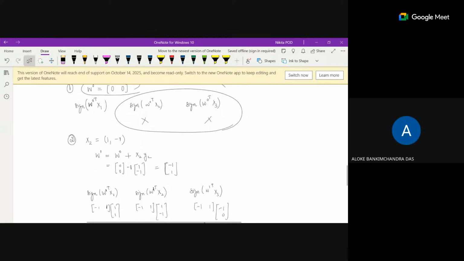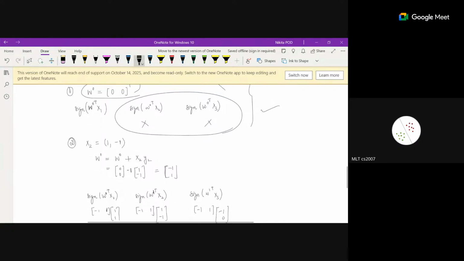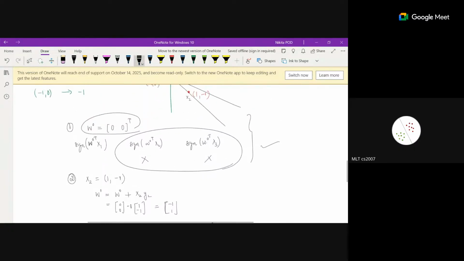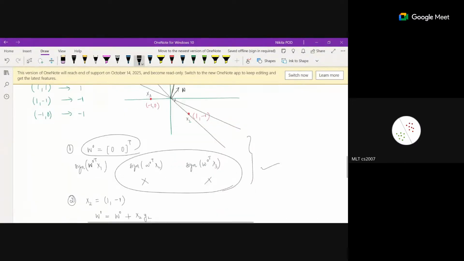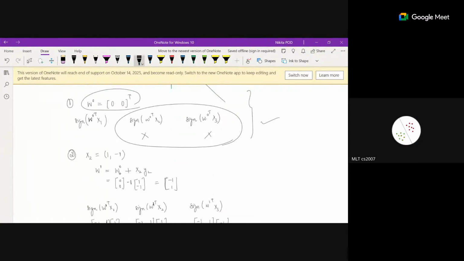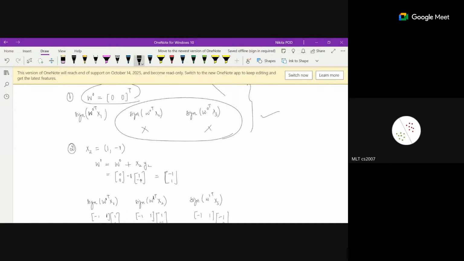We are solving here now. You can see the screen. This is correct, I hope I'm not making a mistake. Then for x2, which is 1, minus 1, the sign is minus 1 here, so that will be 0, 0, minus 1, 1. This is also correct.